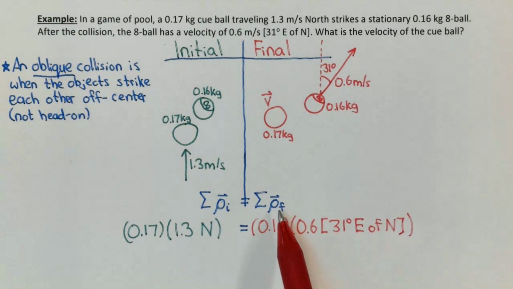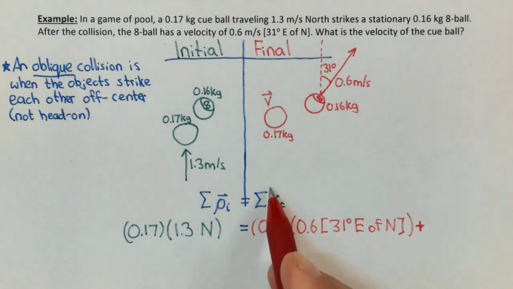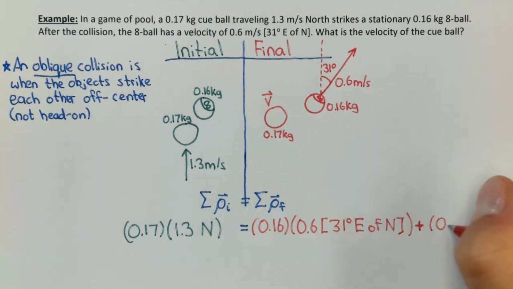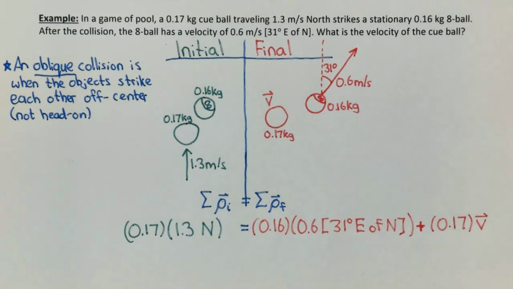And I also have another momentum, the momentum of the cue ball. So I'm going to add those two together, right? I'm adding all the final momentums. So this will be 0.17 times the velocity of the cue ball. That's the thing I don't know. We're just calling that v. So here's my formula. The sum of all the initial momentums is equal to the sum of all the final momentums.